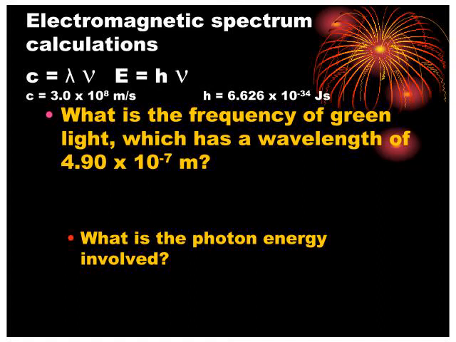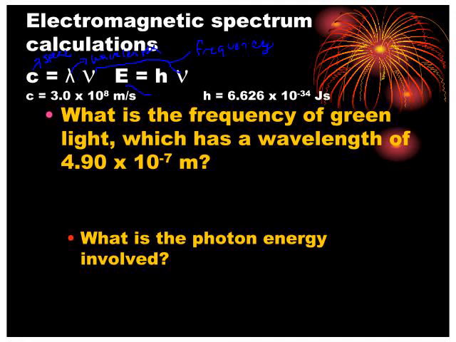We have two formulas related to electromagnetic spectrum calculations. You have your speed of light, and speed of light is represented by the C. Your lambda is your wavelength. The V is frequency, and it's the same in both equations.